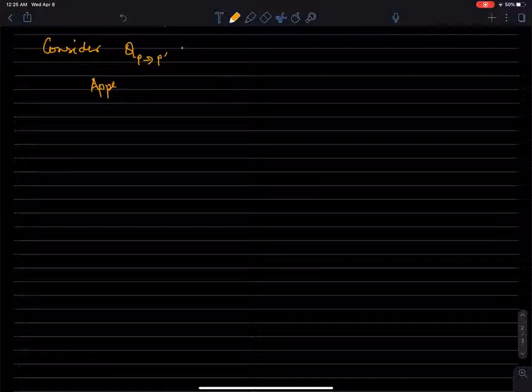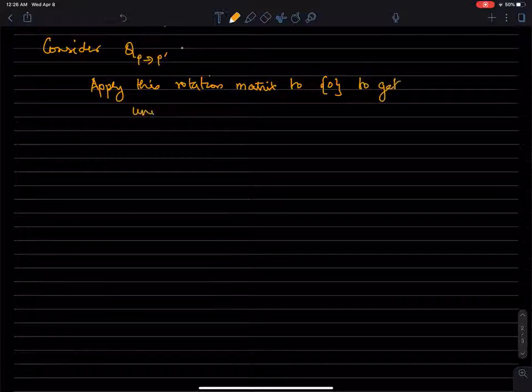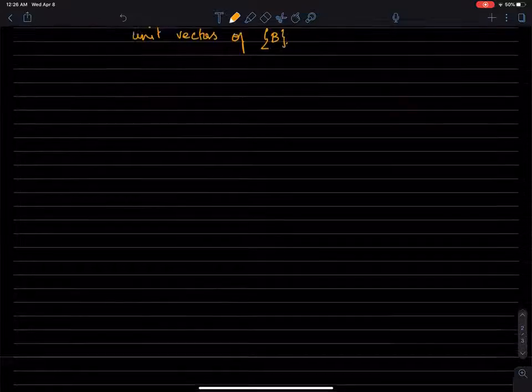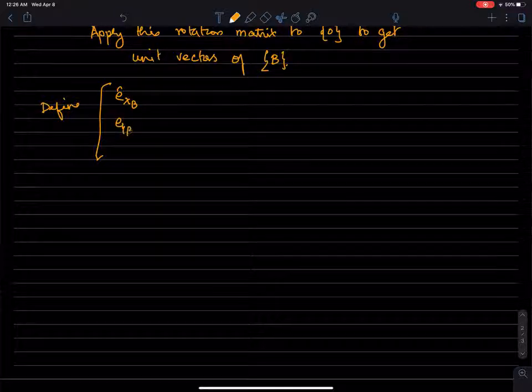Apply this rotation matrix to the unit vectors of 0 to get unit vectors of some new coordinate frame, let's call that B. So basically what we are saying is define EXB, EYB, EZB equals Q P to P dash.